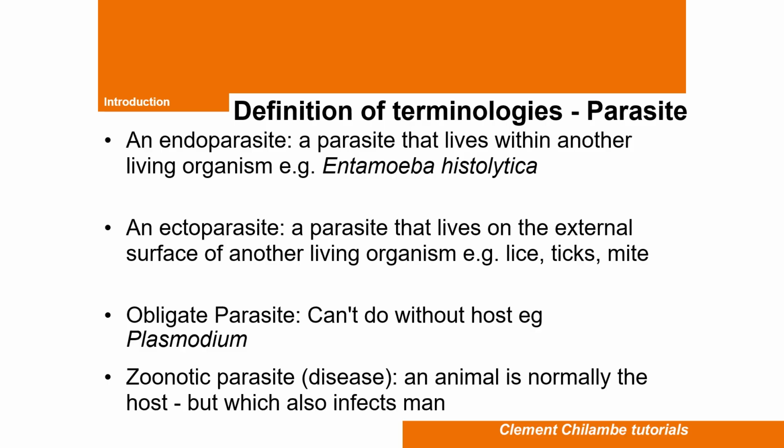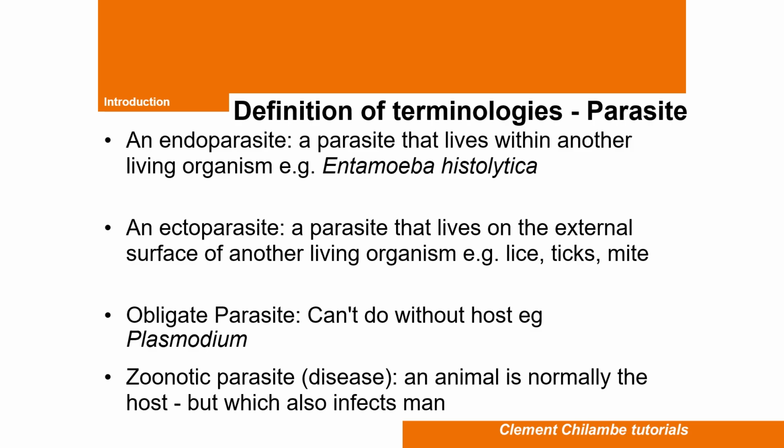Endoparasite. An endoparasite is a parasite that lives within another living organism. In other words, it is a parasite which lives within the body of the host and is said to cause an infection.